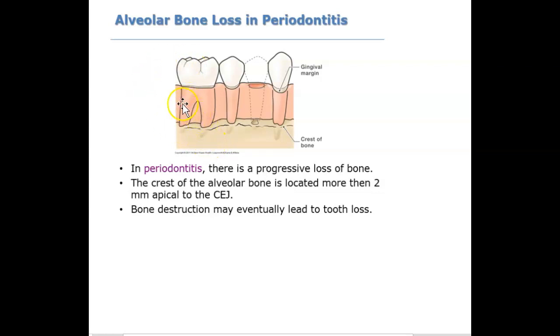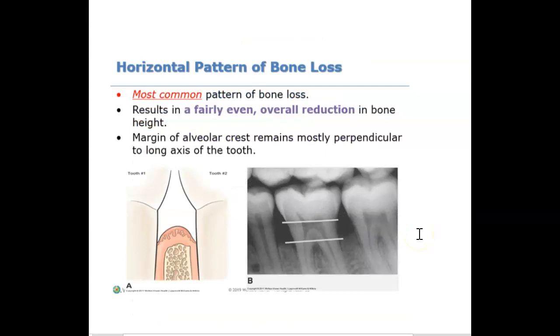The bone is supposed to be there to hold on and support the tooth, and in this case, we don't see that. So here we would see mobility. The teeth will start to shift a little and become mobile and loose, and the reason for that is because the bone has been resorbed. So this statement over here, bone destruction may eventually lead to tooth loss, is absolutely true.